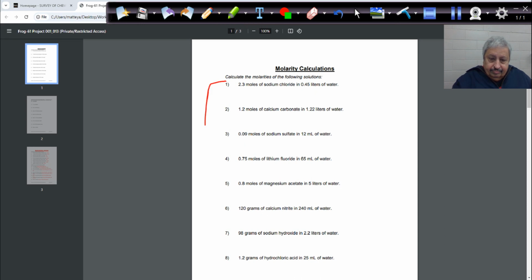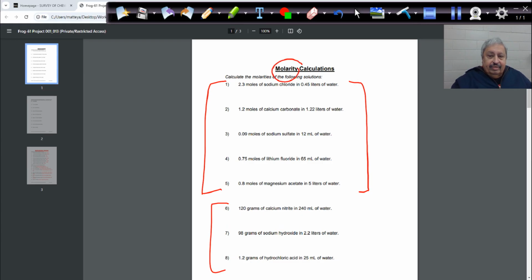The first one is easy because the molarity, capital M, is moles of solute per liter of solution. Okay, guys, so which one do you like? Straightforward, correct? Which one? Come on, guys, don't let me down.